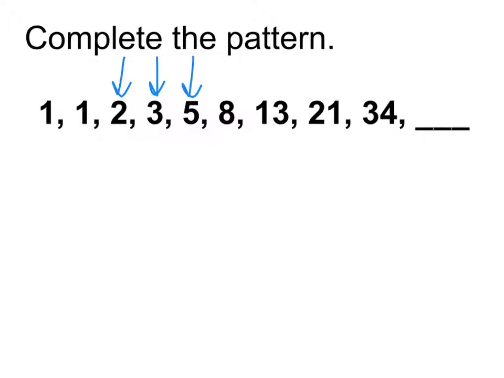What about 8? Okay, how do I get to 13? Notice we just are adding the previous 2 numbers to get the next number. It's tricky, right? But once we see that, then we can go ahead and figure out what the next number in our pattern is. 21 plus 34 gives us 55.